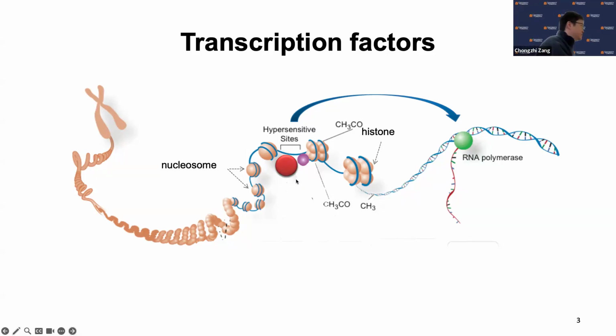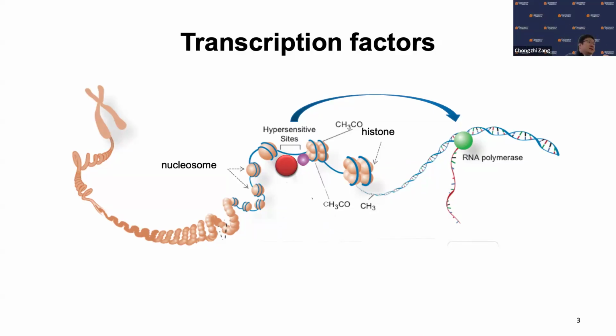Why do we call this a transcription factor? Because they play a role in regulating transcription. Transcription is the process of DNA being transcribed to RNA. And not all of the genes are transcribed in all the cells, right? Because of different types of cells, because of the different identity of the cells, we only need a subset of genes to be transcribed.